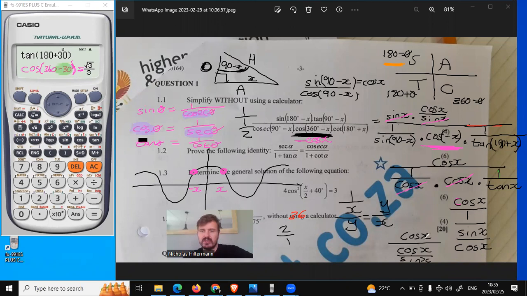And because this cos is at the top of the top, and this cos is at the top of the bottom, the cosines cancel. And so we just have 1 over sine x, which is sine x. I might have to just talk about that.